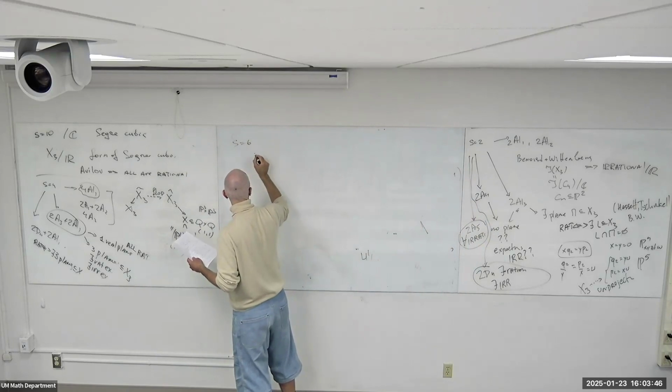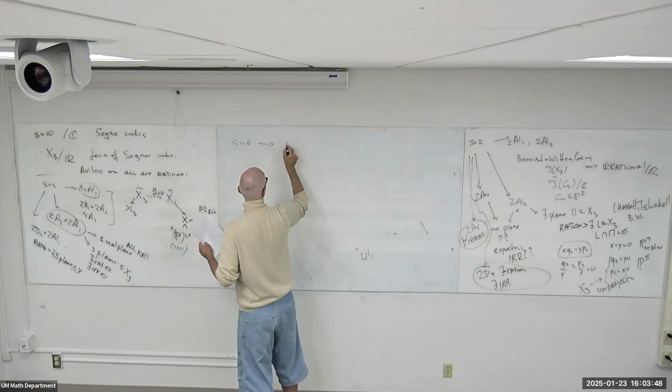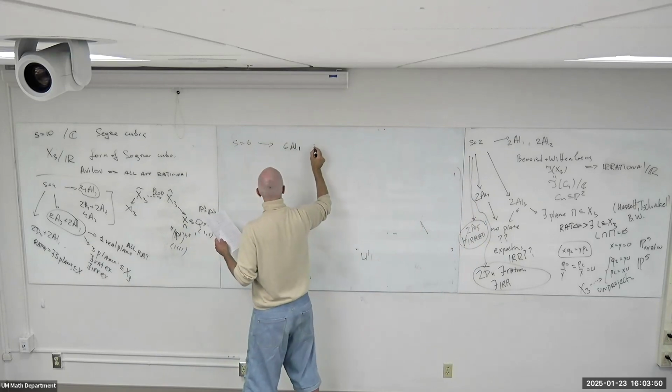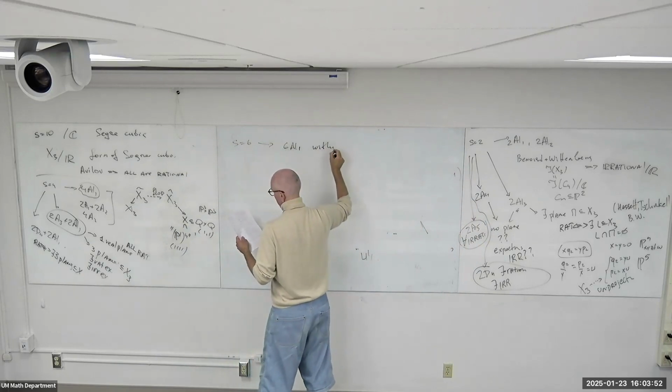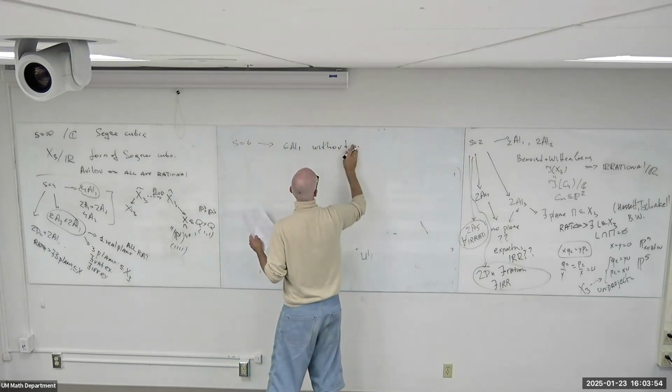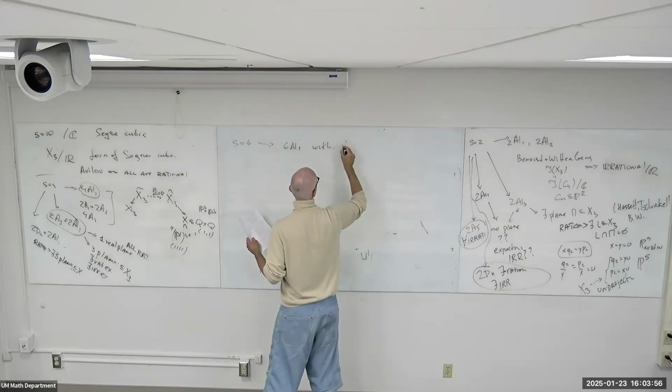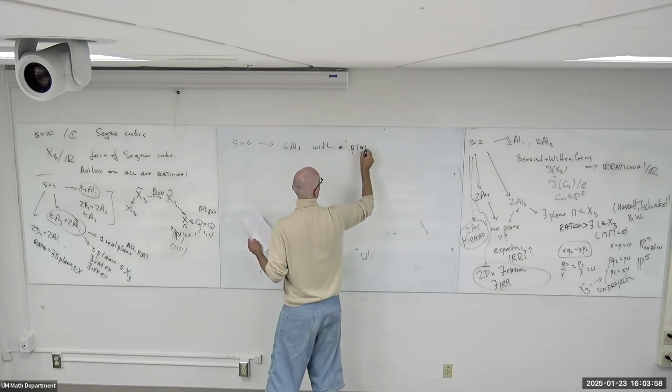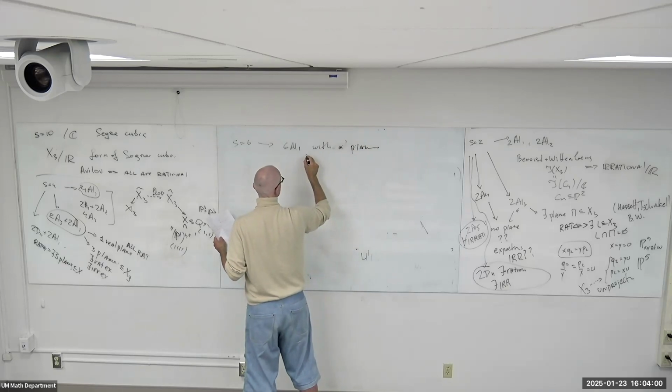If it's 6 singular points, so we have 6 A1, and without planes, or with one plane, with a real plane. In this case, always rational.